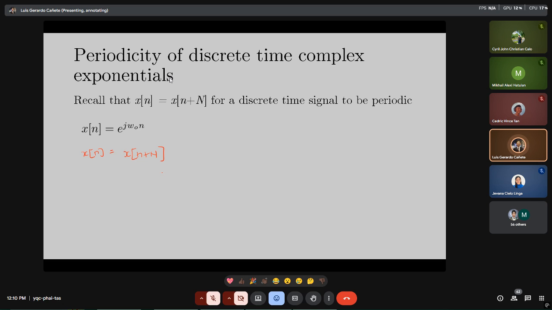It's possible to have an integer that you have here, and then that integer is going to be related to 2 pi over omega o, right? We can show that.